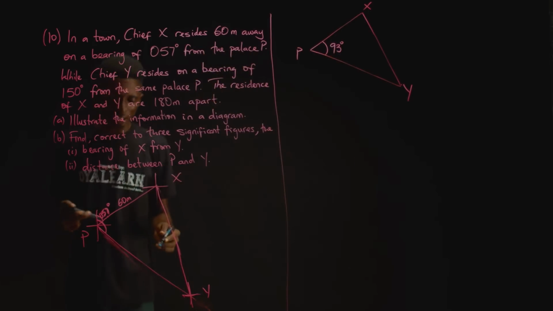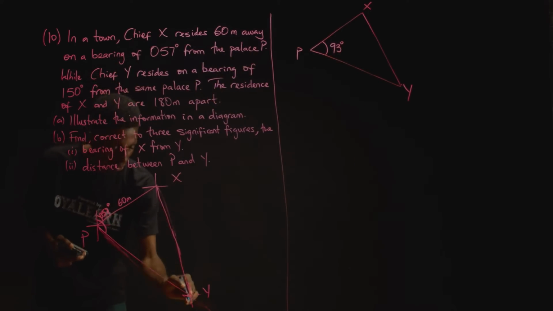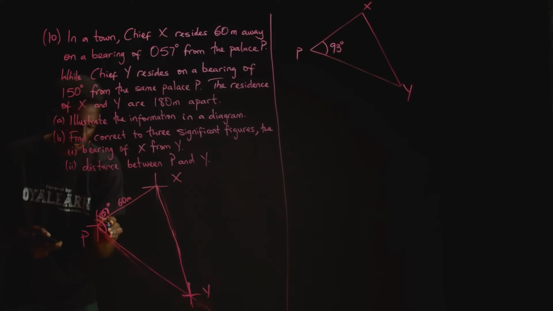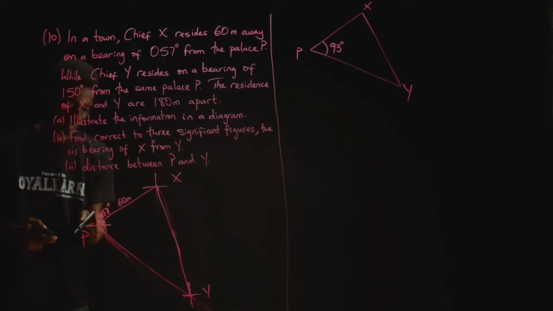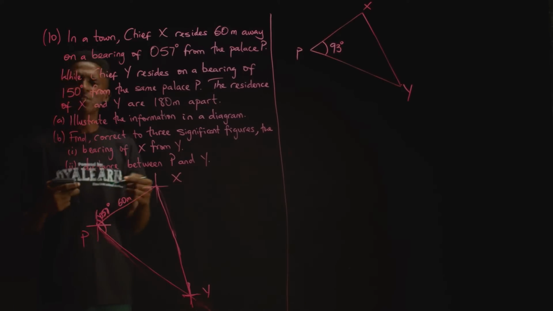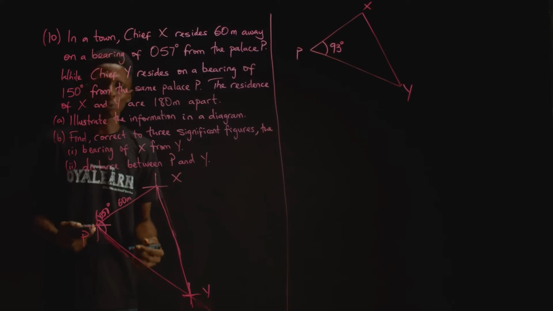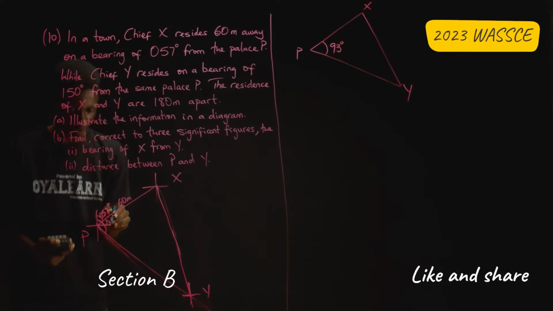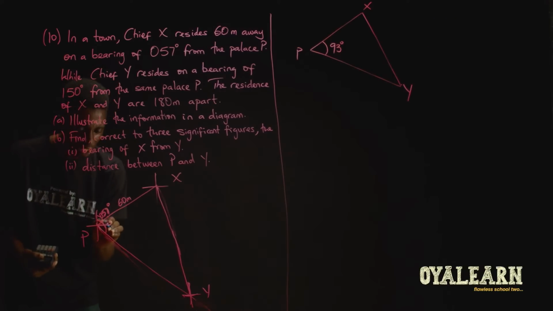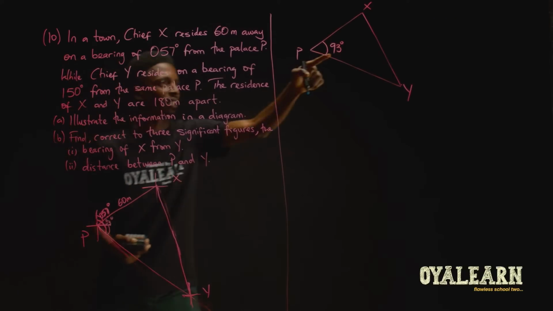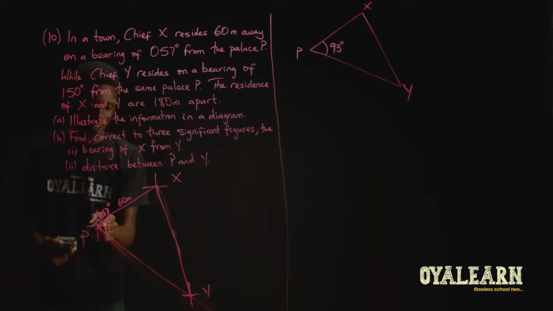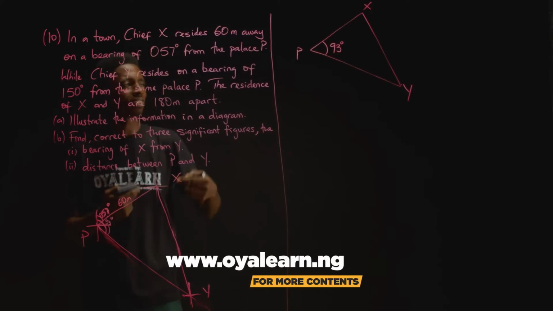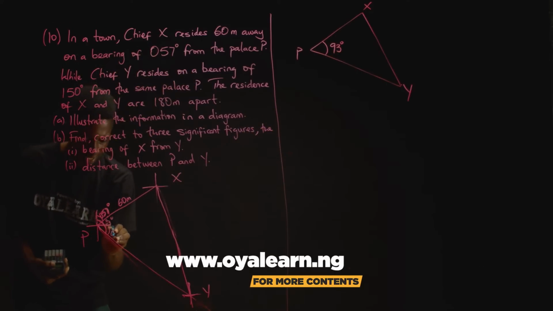Now, another thing we need to take note of is the angle that we have here. If the whole of this is 90 and this is 57, 57 out of 90 will leave us with 33 here. Right? And if this is 93, it means that if you take 33 out of 93, you would have 60 here.